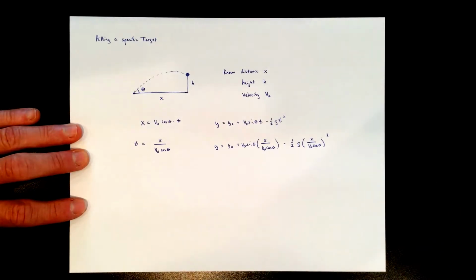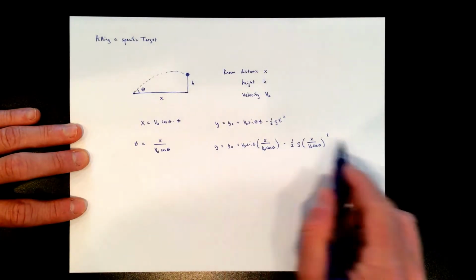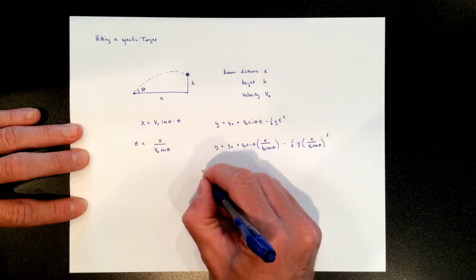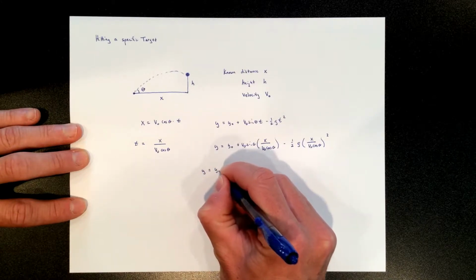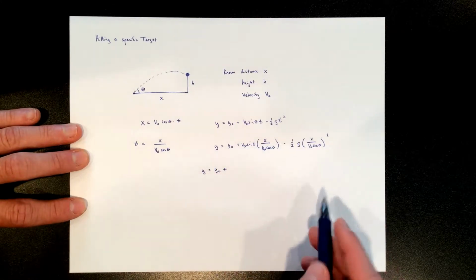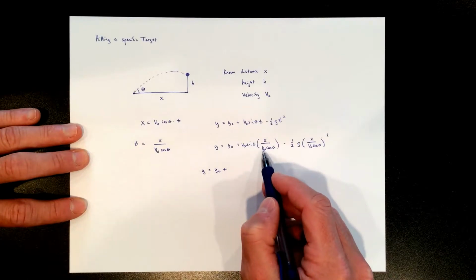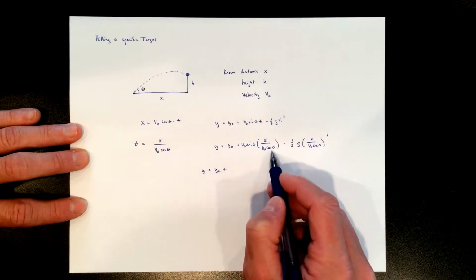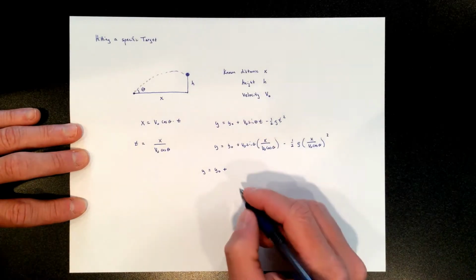And all we did was eliminate the parameter of time. This equation is going to simplify. y equals y naught plus, okay, this is a v naught over v naught, so they go away, and then this is sine theta over cosine theta. Sine theta over cosine theta, that's just tangent theta.